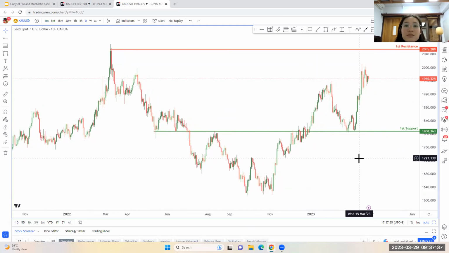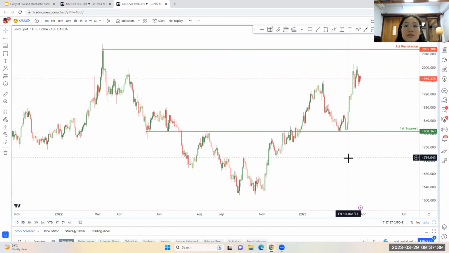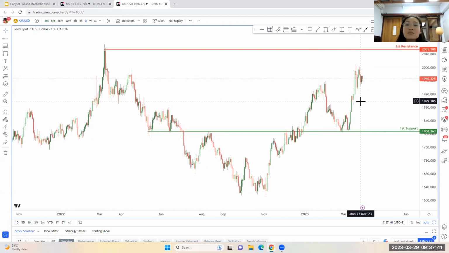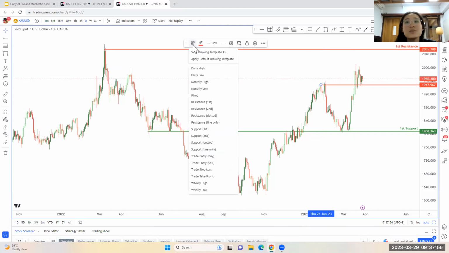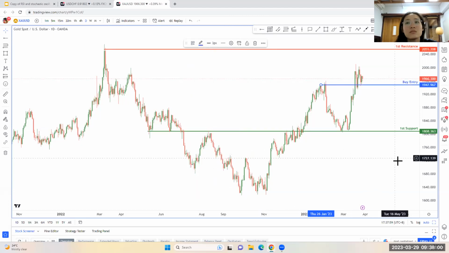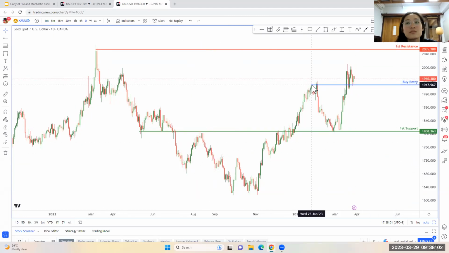So if we're looking for an entry position, we will look for maybe over here, closer to where current price is, at this swing high resistance here.